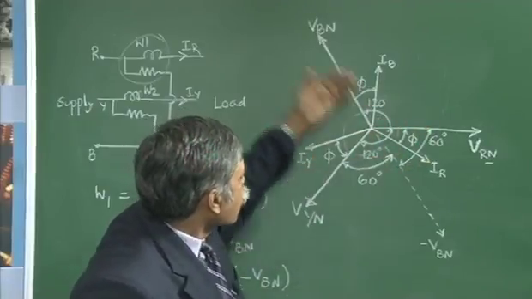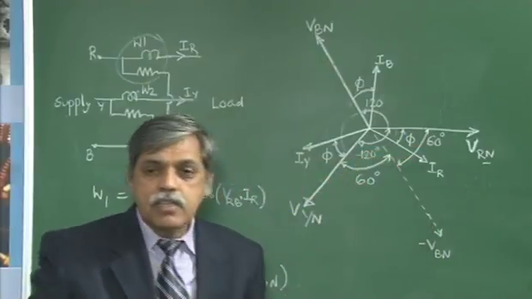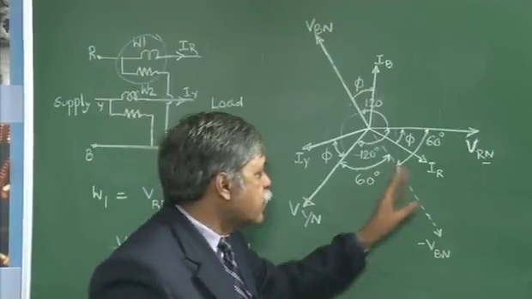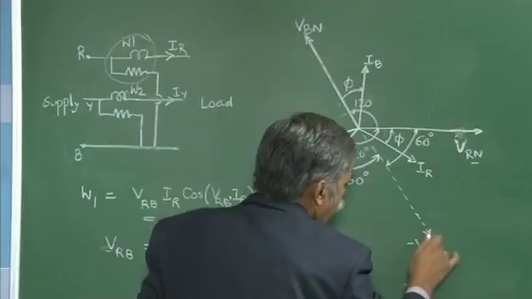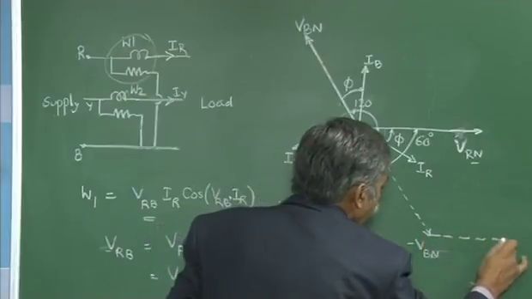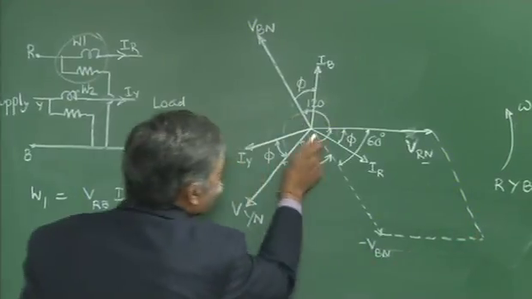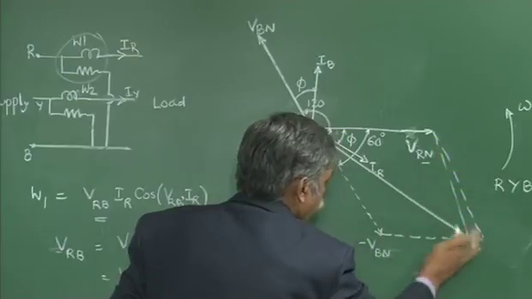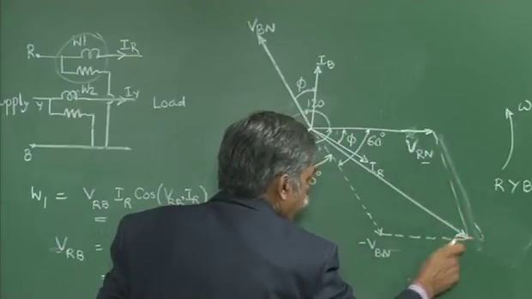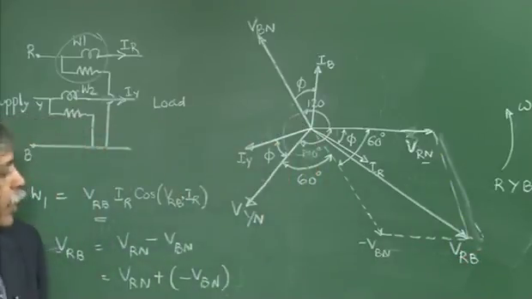So when I extend this in the reverse direction, the angle gets bisected exactly, 60 and 60. Now I need to add these two voltages, VRN and minus VBN. Then I will get a resultant this way. So this is my VRB, the addition of these two voltages gives us VRB.